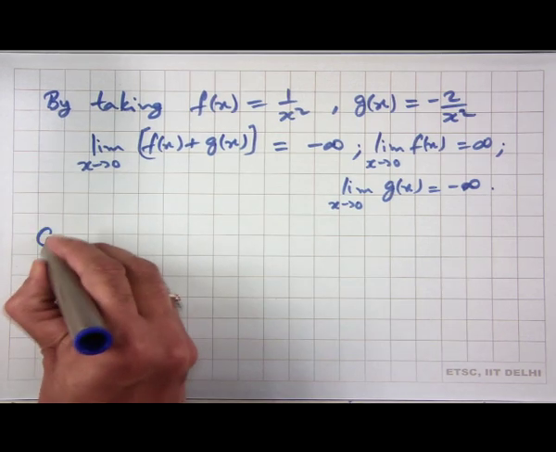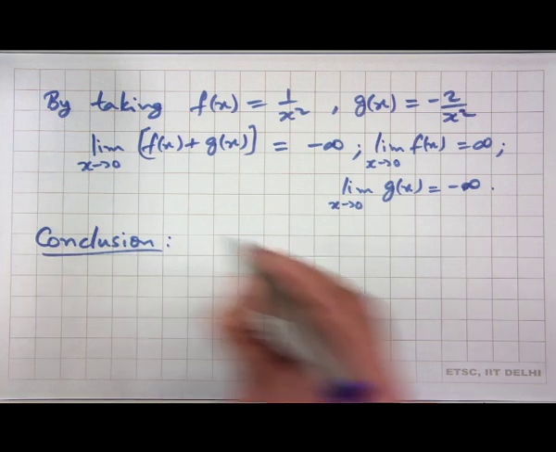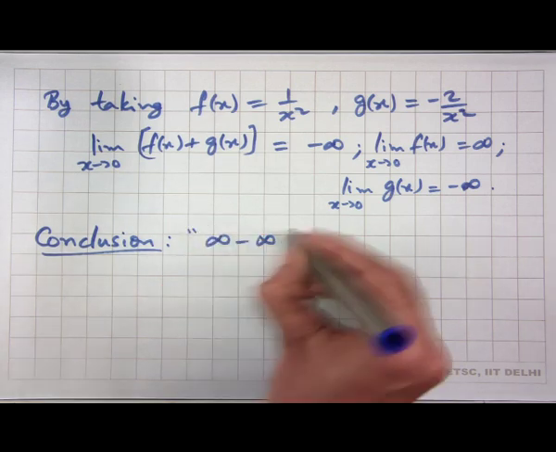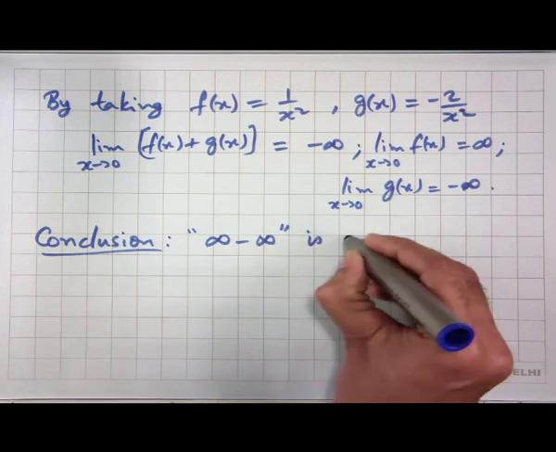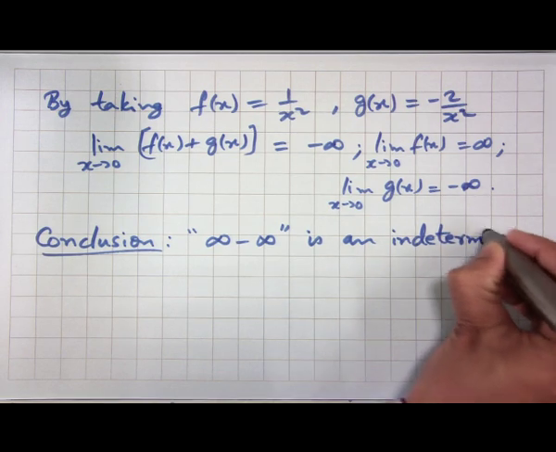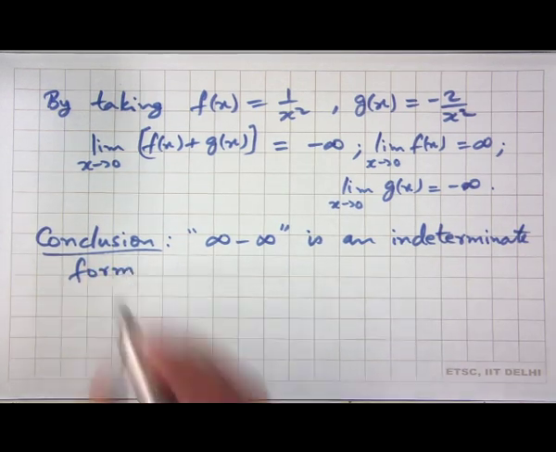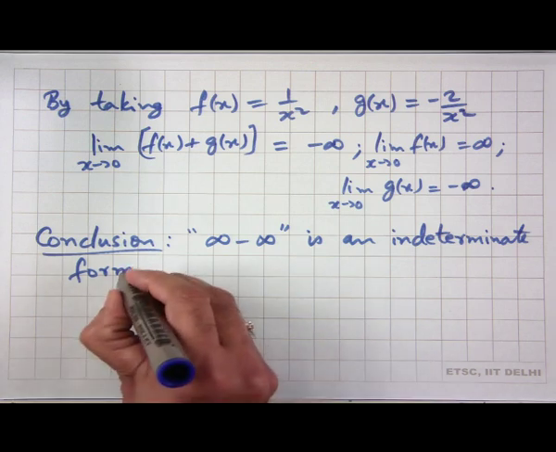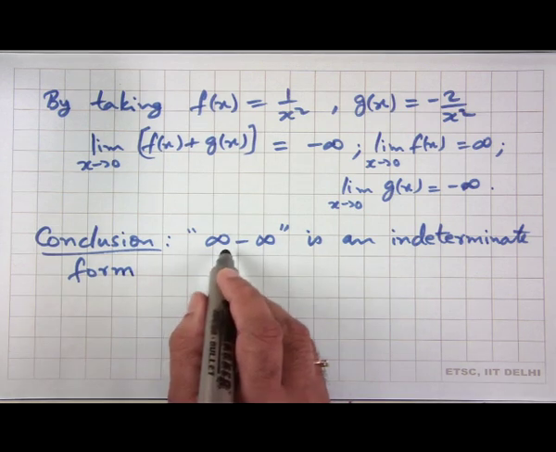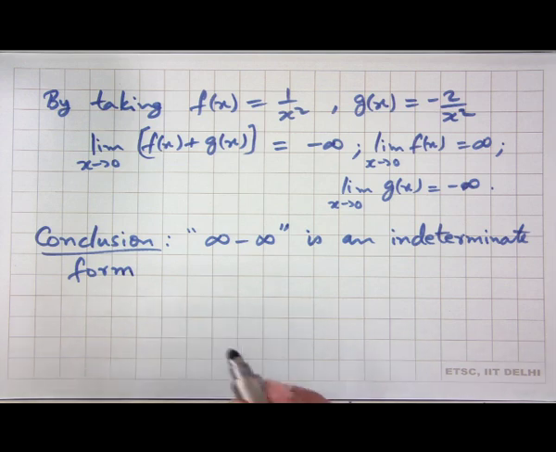So the conclusion is that this infinity minus infinity is an indeterminate form, which means that you cannot decide beforehand what this limit will be. If one is going to infinity and another is going to minus infinity, then the sum will depend from problem to problem.